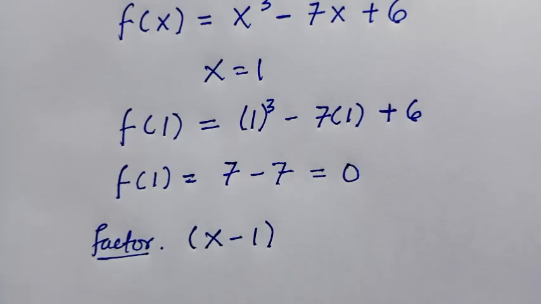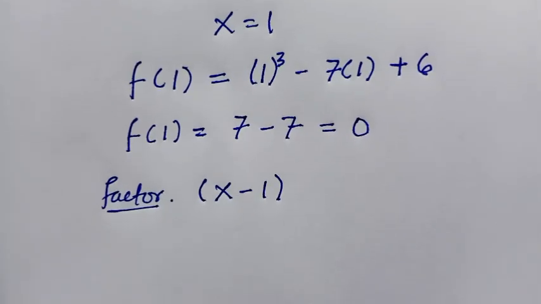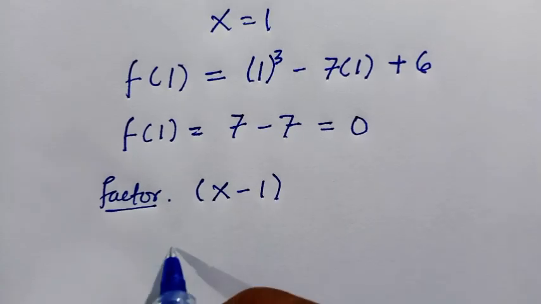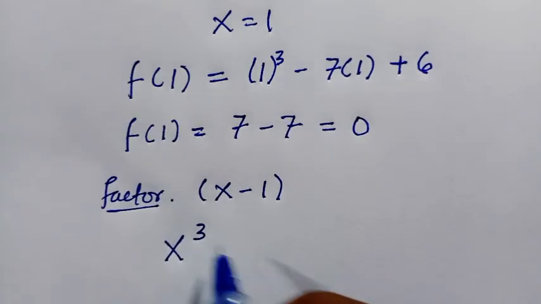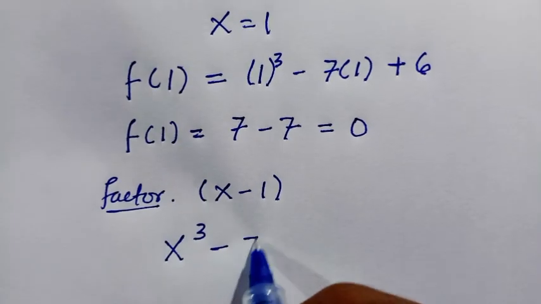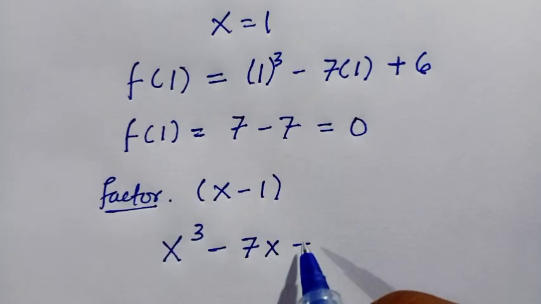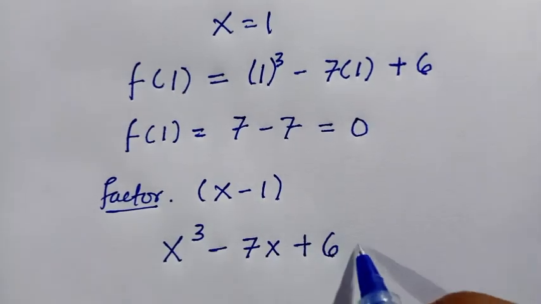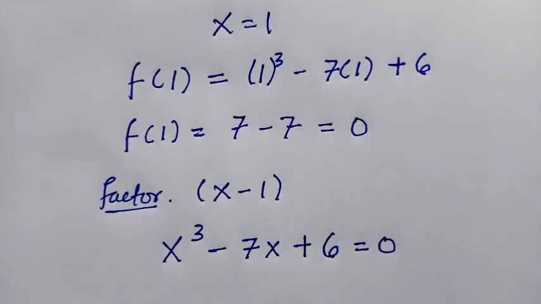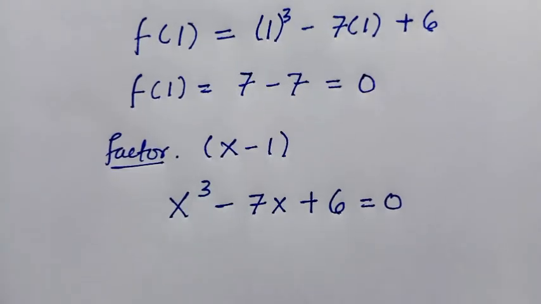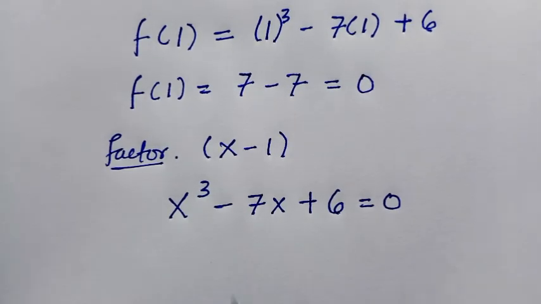of this. And recall the given problem, which is x to the power of 3 minus 7x plus 6 equals 0. I want to apply synthetic division to solve this, as I've already gotten one of the roots.